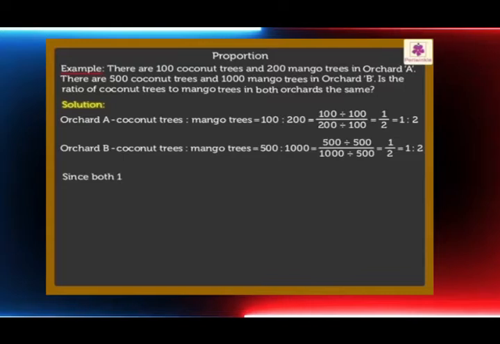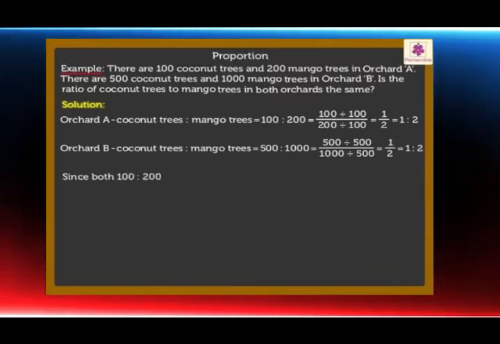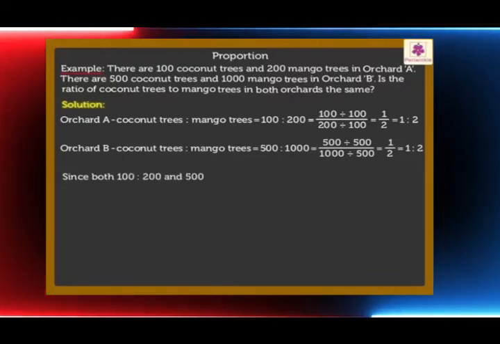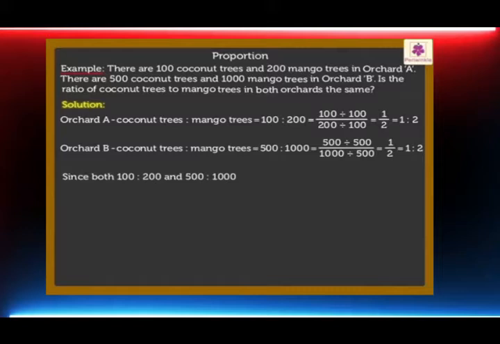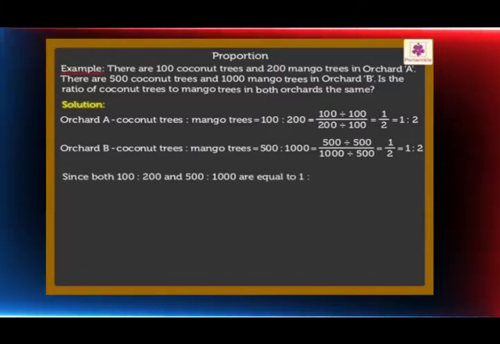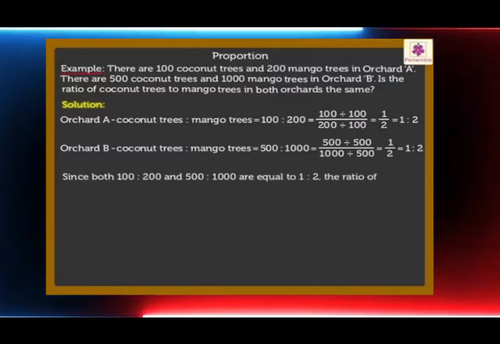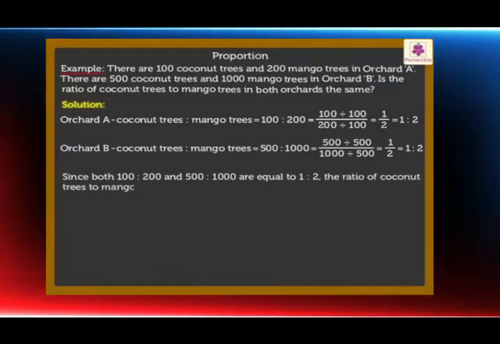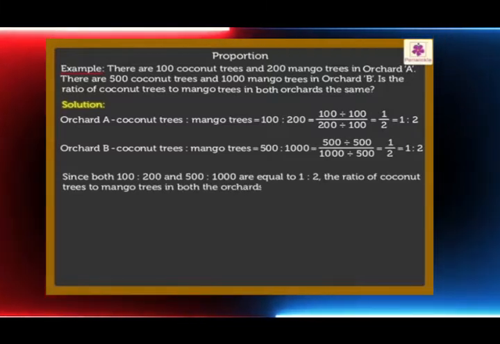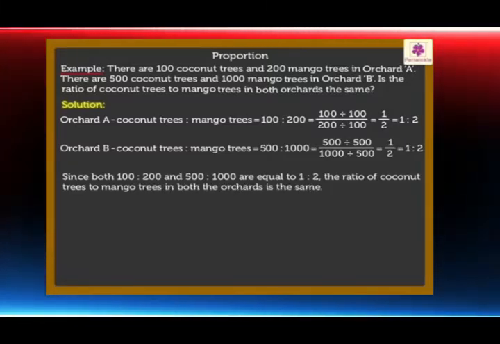Since both 100 is to 200 and 500 is to 1000 are equal to 1 is to 2, the ratio of coconut trees to mango trees in both the orchards is the same.